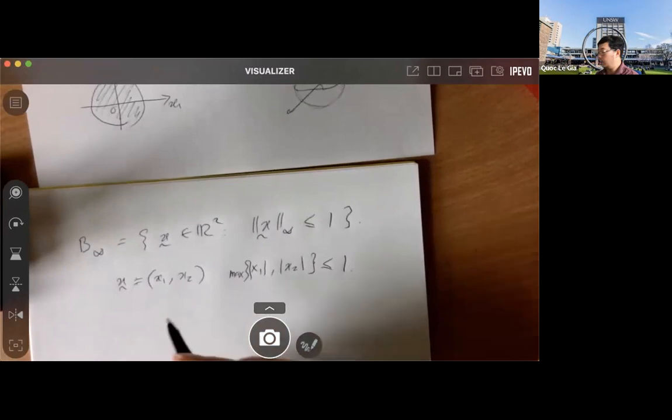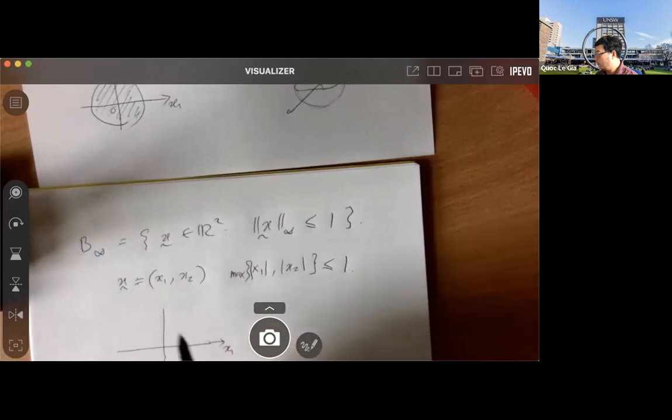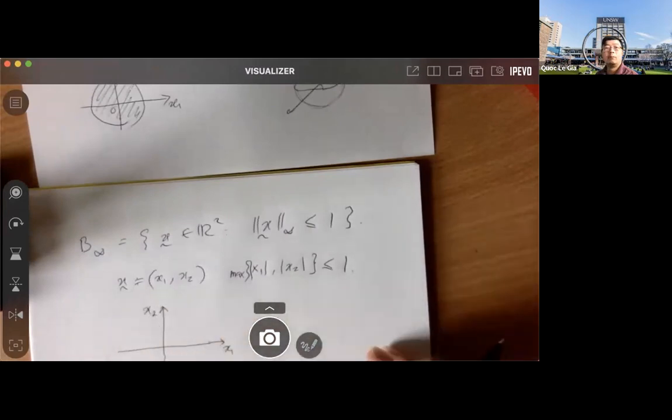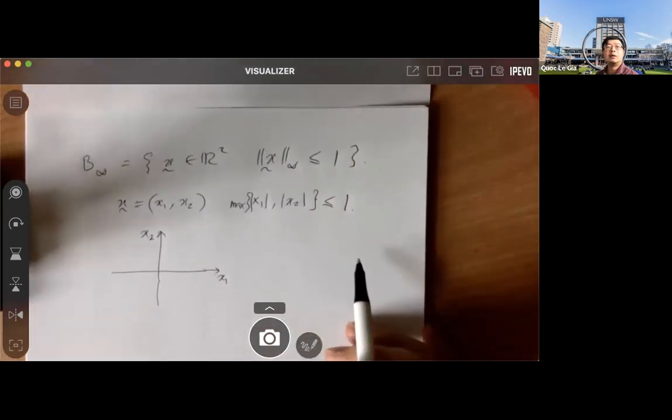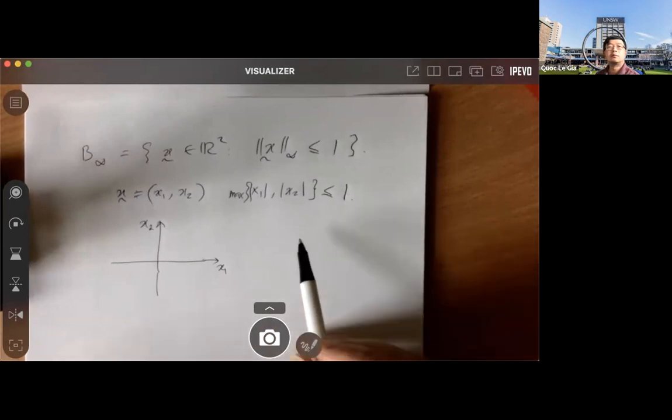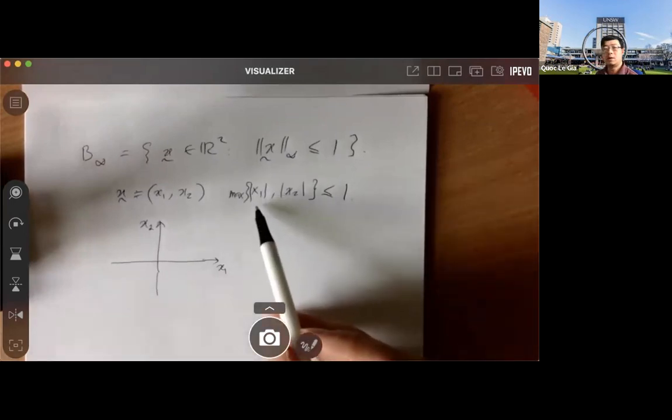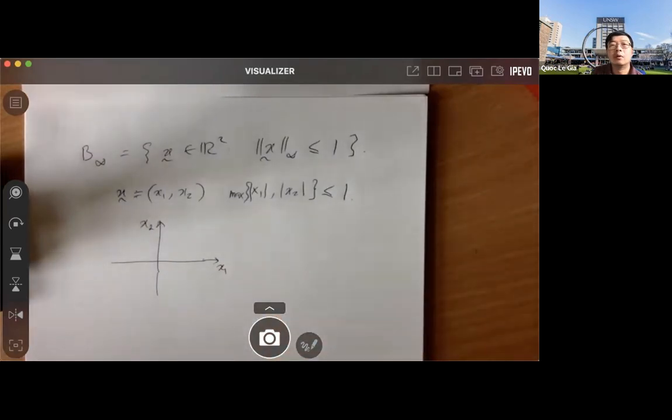Okay, so what region is this one? What region satisfies this condition? Anyone? Any guess? A square, yeah.